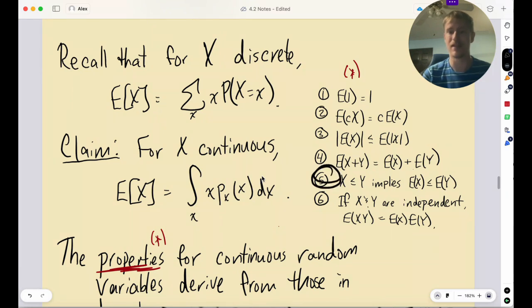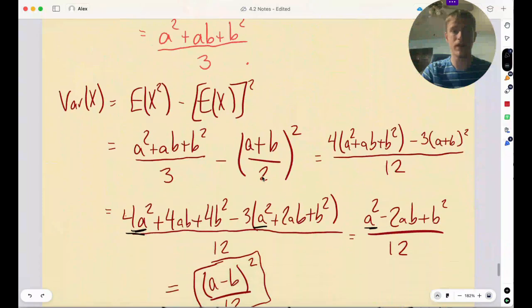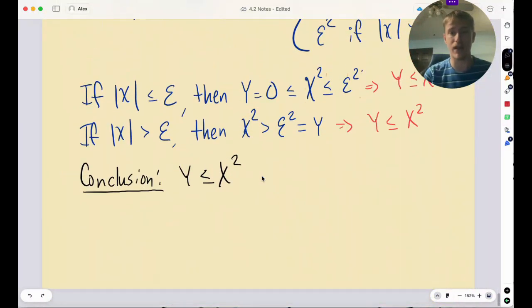If you have an inequality relating two random variables, the expected values keep the same inequality. So since y is less than or equal to x squared, the expected value of y has to also be less than or equal to the expected value of x squared.